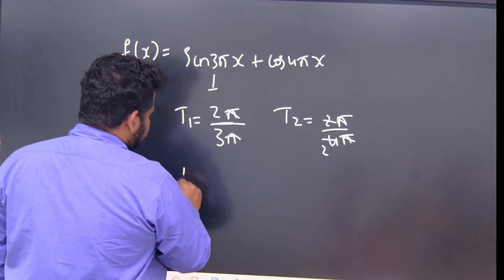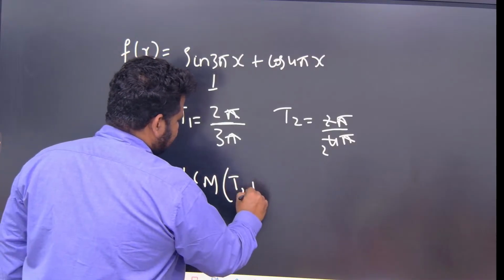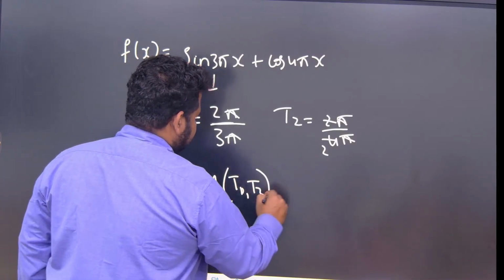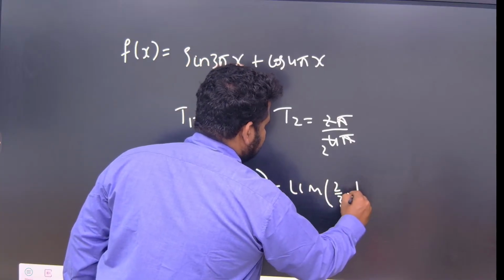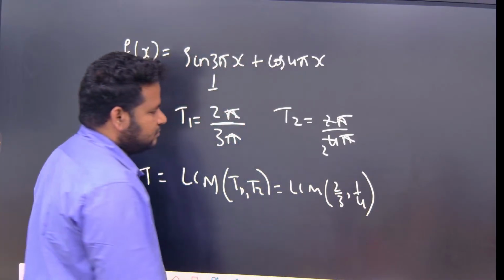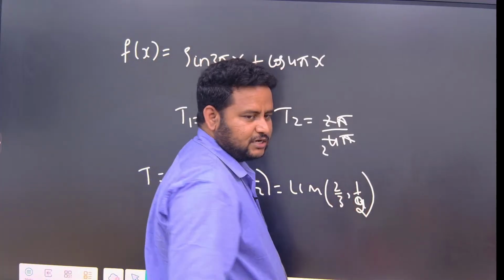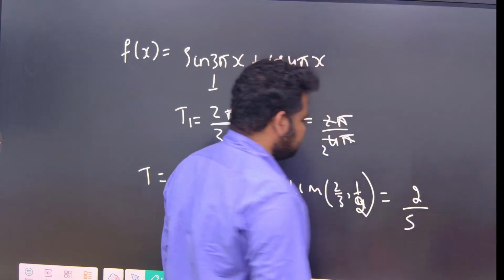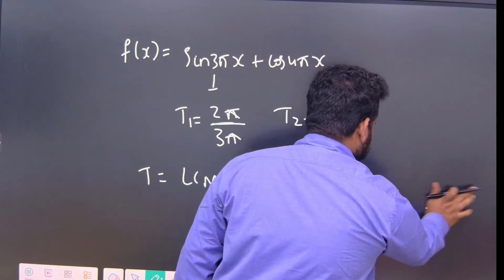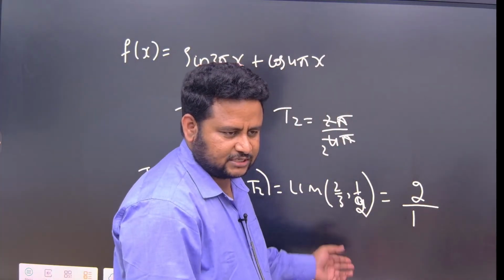So the actual period, t is equal to LCM of t1 comma t2. Okay, so that is LCM of 2 by 3 comma 1 by 2. LCM of 2 and 1 is 2 only. Okay, LCM of 3 and 2, there is nothing common, it is 1.